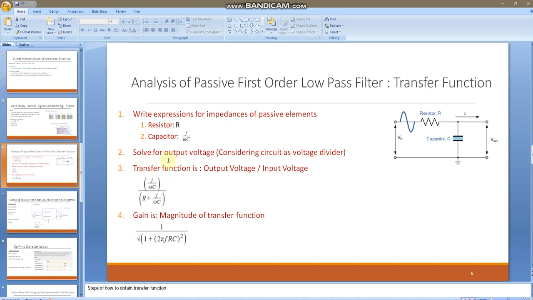Now, this module and this lecture in particular does not focus on obtaining transfer functions in general. So I'll just give you the steps which you can follow to obtain a transfer function for this particular case of a low pass filter of the first order. I went through the whole steps and sub steps in detail and wrote them down within the class.